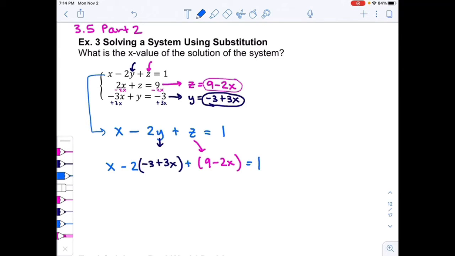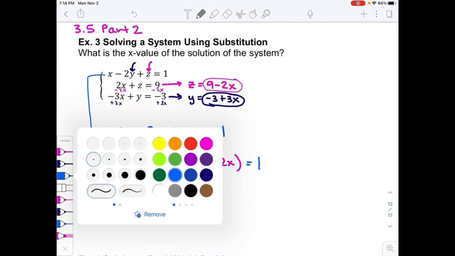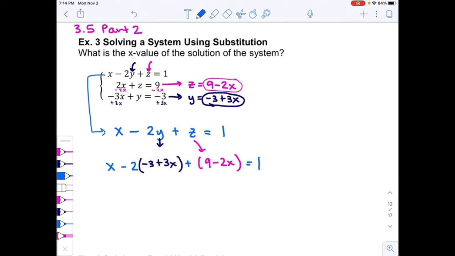So let's see. We have a little bit of distributive property going on here. That's a minus 2 that has to multiply in. So we have this x. We're going to end up with a positive 6. We're going to end up with a minus 6x. Now, all I have is a plus, and there's nothing that needs to be distributed, so it's just a plus 9 and a minus 2x. Let's get all of our x's together. Let's get all of our plain numbers together.